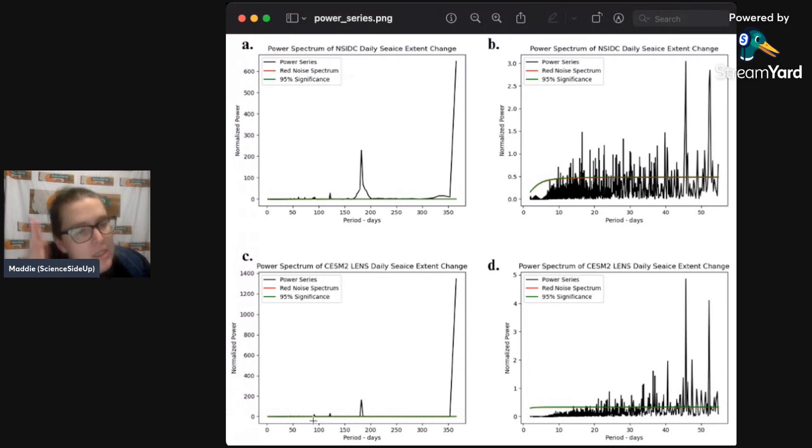Beautiful. These periods are matching right up. And so I can say with a high degree of confidence that the model is capturing the same physical changes over these long time periods as we see in observations.